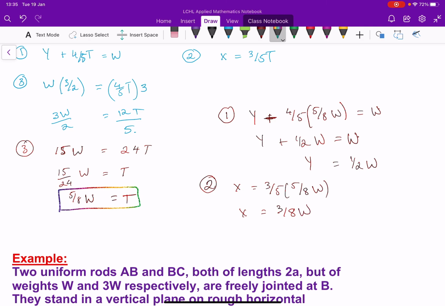And these are the three things I was asked to find. Done.